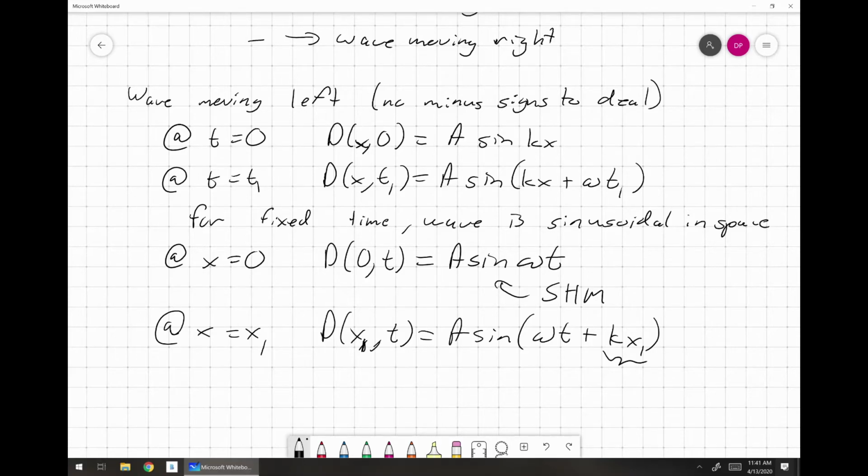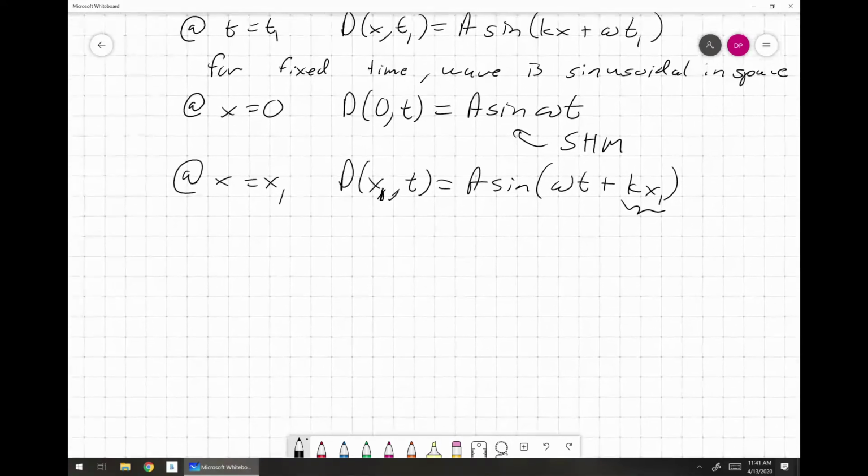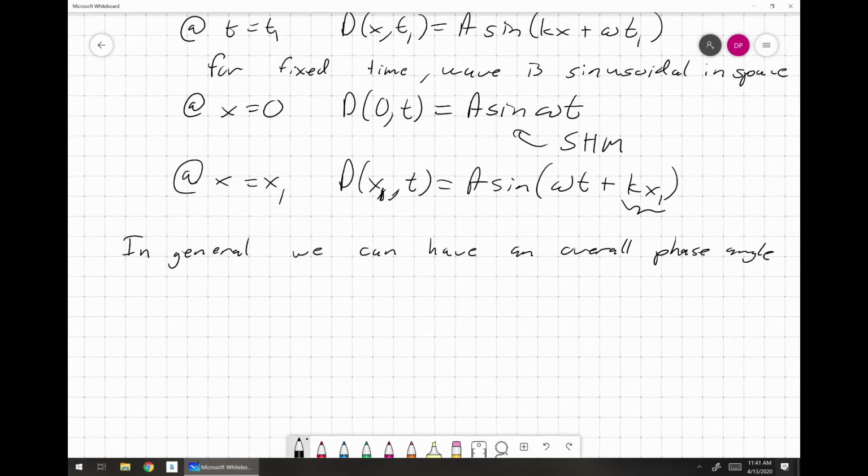Okay, so we can also say that in general, we can have an overall phase constant or phase angle. And this serves the same purpose that it did when we looked at simple harmonic motion.